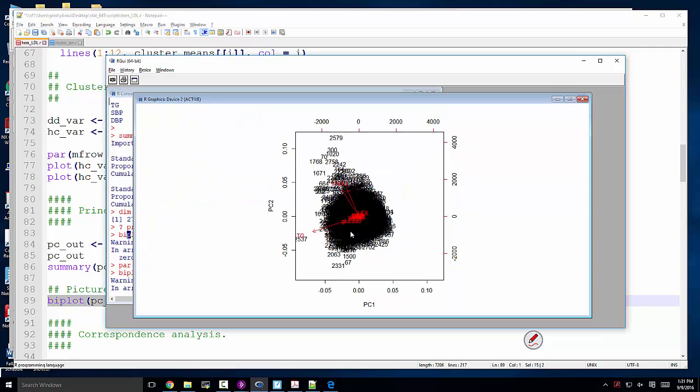There is a little bit of patterning. In particular, there are these points up here that stand out from the bulk, and a few points down here that stand out from the rest. I'll say more about these red directed arrows in a moment. So we've made the picture, but haven't learned all that much yet.